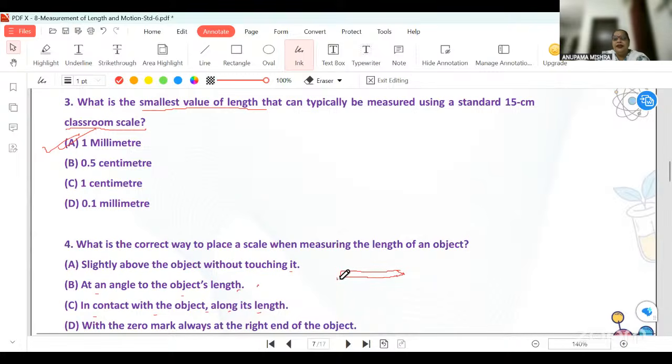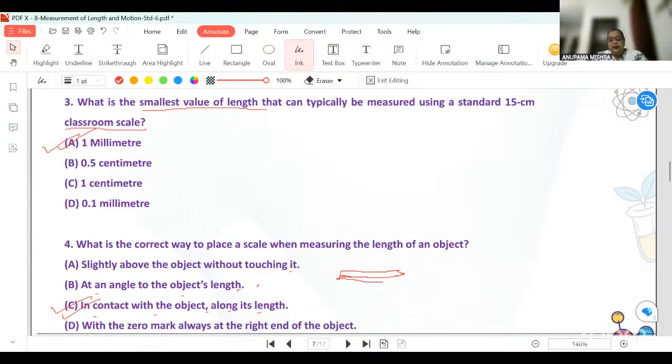Suppose the length is starting from here, along the length I have to start. That means this is the correct answer, in contact with the object along its length. With the zero marks always at the right end of the object? No, no. In contact with the object along its length.